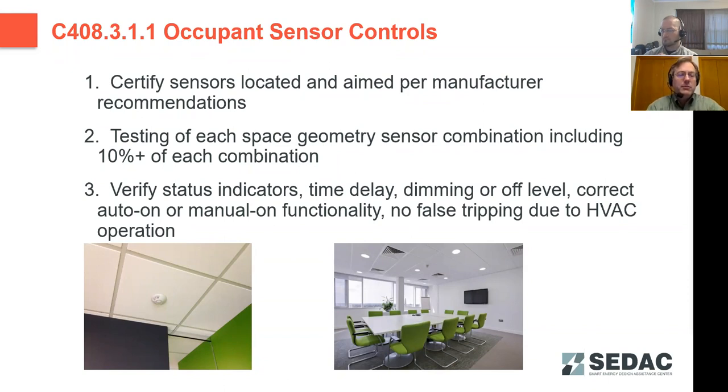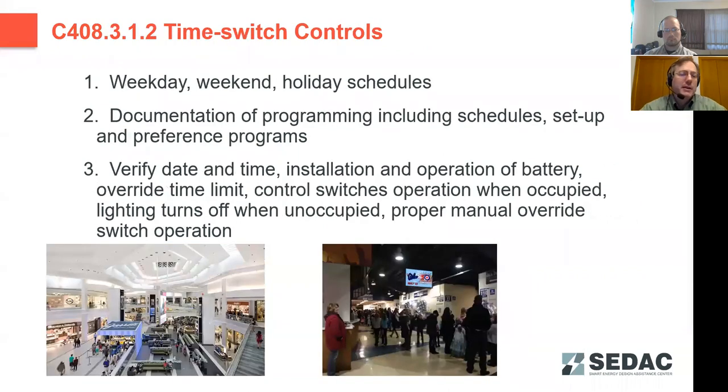Because it is space geometry dependent, that is likely going to require testing most rooms that have occupant sensing devices, unless you have a stack, because even mirror images are not necessarily the same geometry relative to the sensor in space. So there's a lot of testing involved.